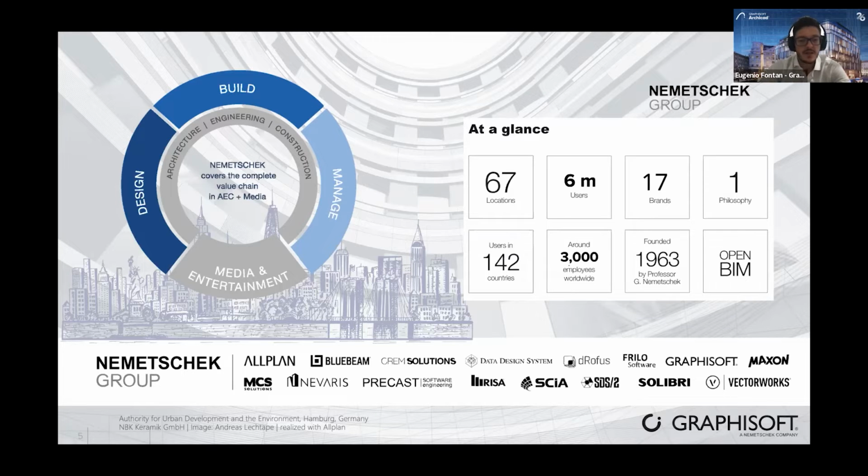The Nemetschek Group also aims to create good connectivity between all these solutions, especially promoting OpenBIM, which you might be aware of. OpenBIM is the set of open standards that connect all the BIM solutions between themselves.